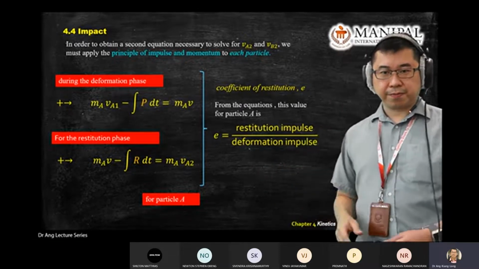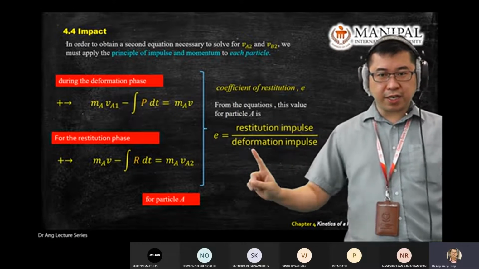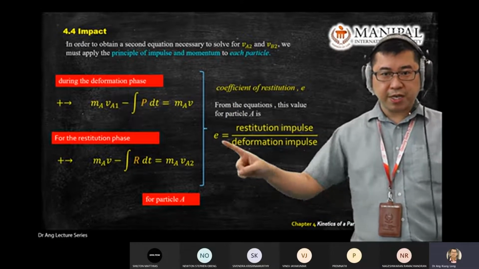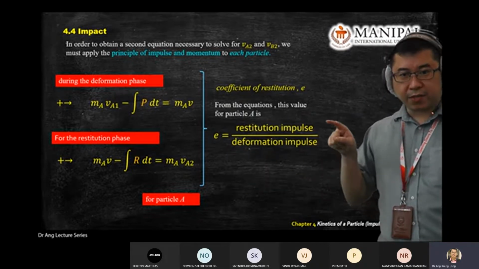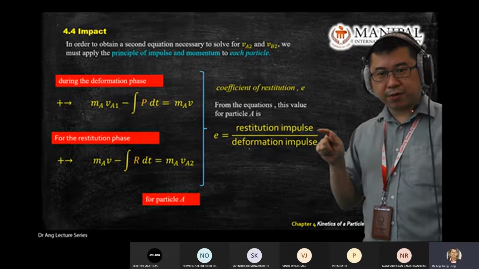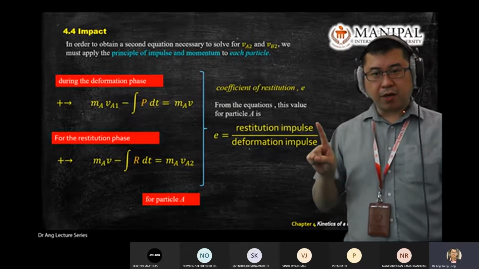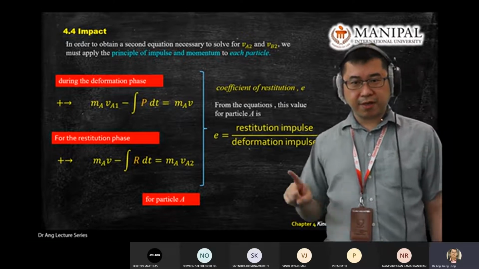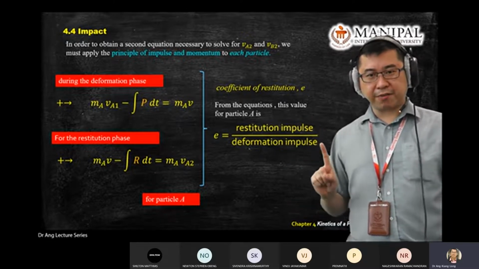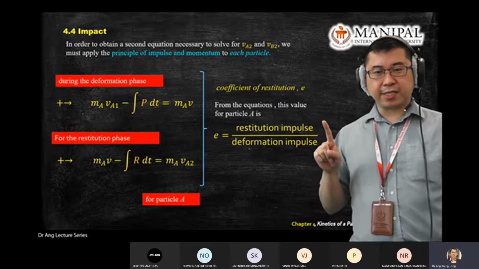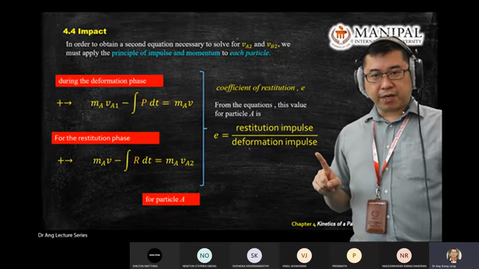So E, your coefficient of restitution, equals restitution impulse divided by deformation impulse, or you can say after divided by before, output divided by input. Or you can see it as efficiency, output divided by input.